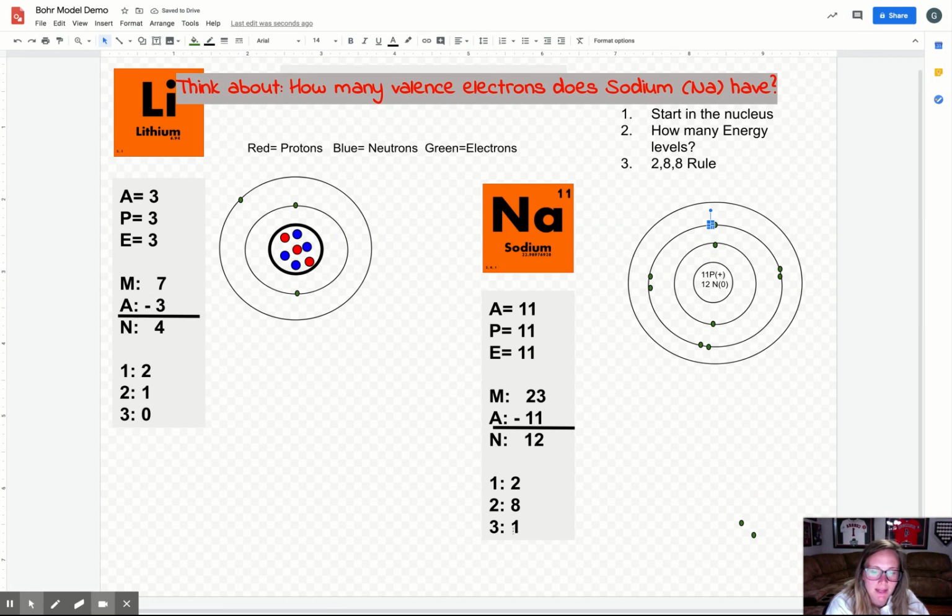And then in my last energy level, I only have the 1.